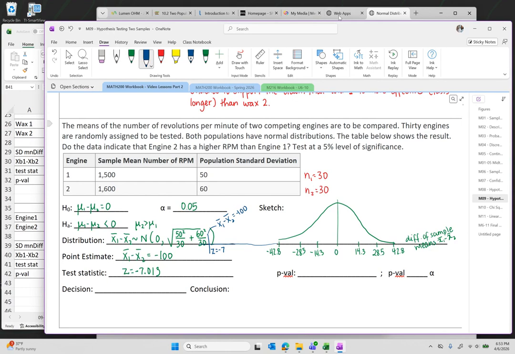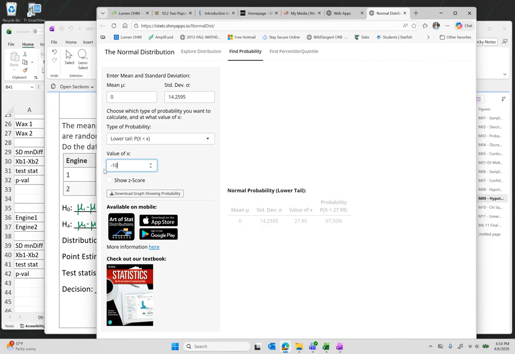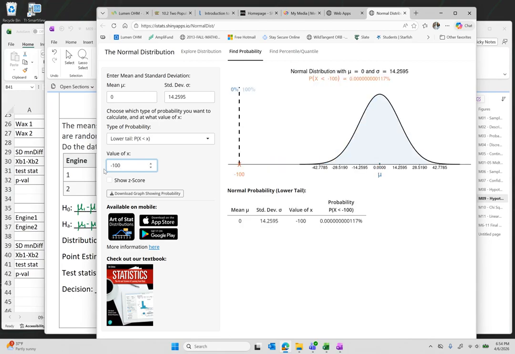And if you try to use the normal distribution app to find the probability in the lower tail, and here you write the value of -100, you will see that it's really far away to the left.